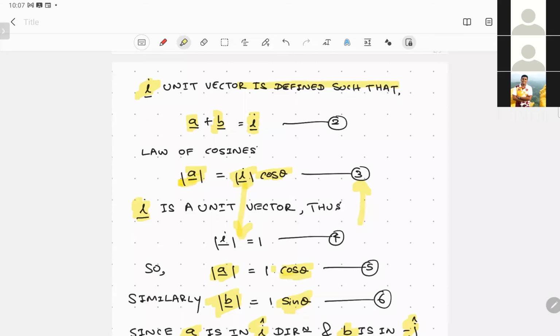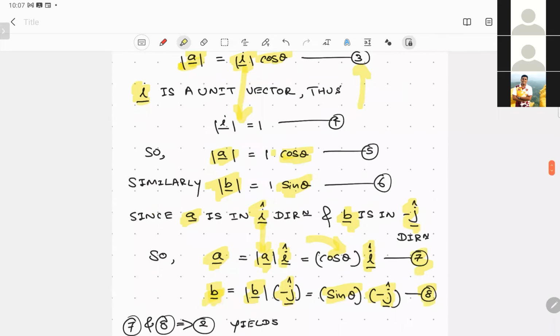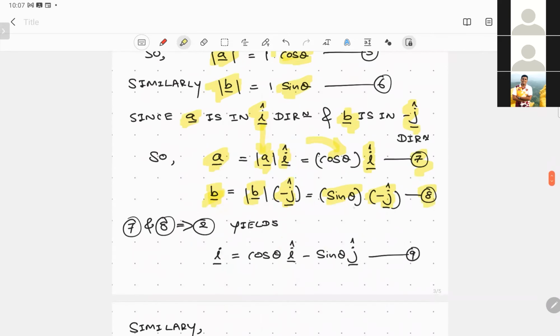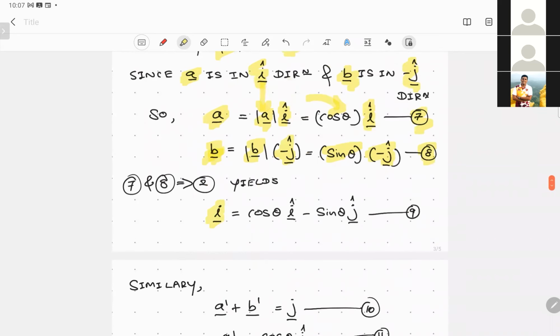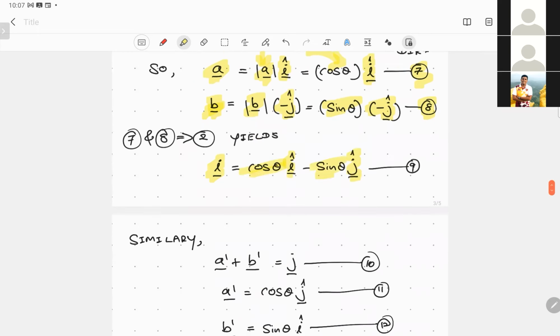our initial equation where A plus B is equal to i. Since we already know A and B in terms of the local coordinate system, that is i hat and j hat, we can express i to be i hat times cos theta, j hat times sine theta, but of course there's a minus sign.